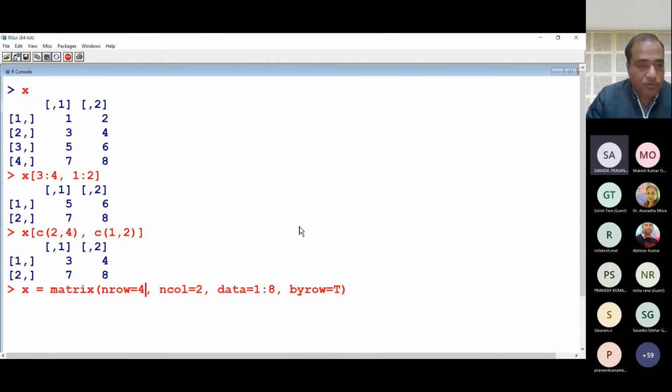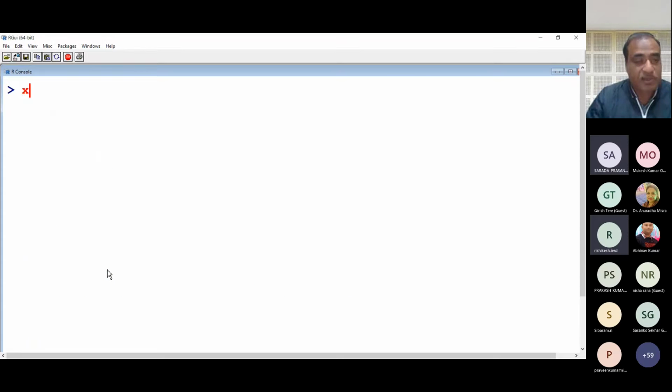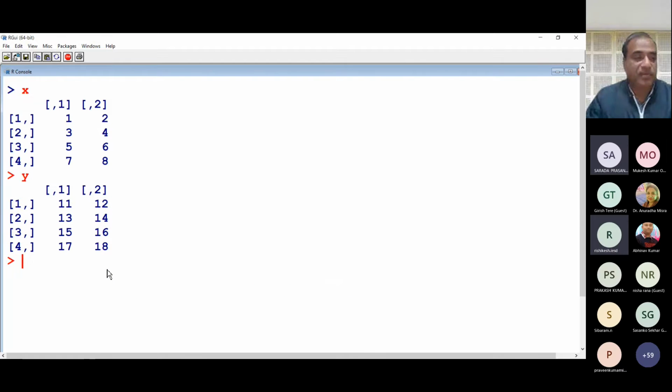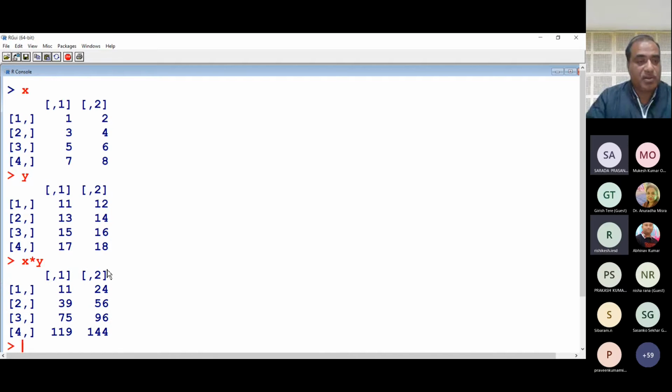So let me try to create two matrices here. Suppose I create the Y matrix, and suppose its values are say 11 to 18. Now you can see I have X and I have Y. Now if I give X star Y, you will see what will happen. Element-wise operations happen.